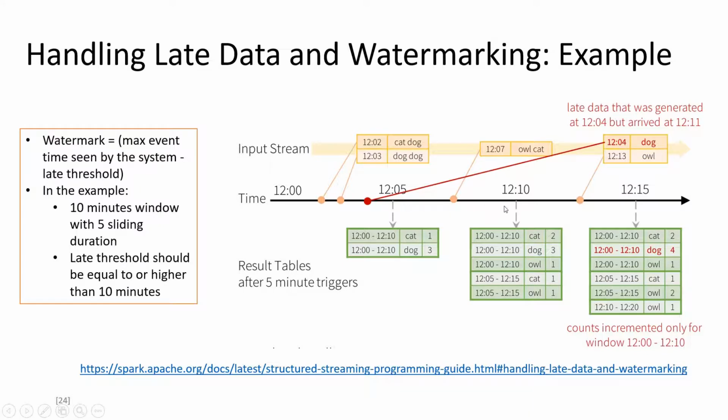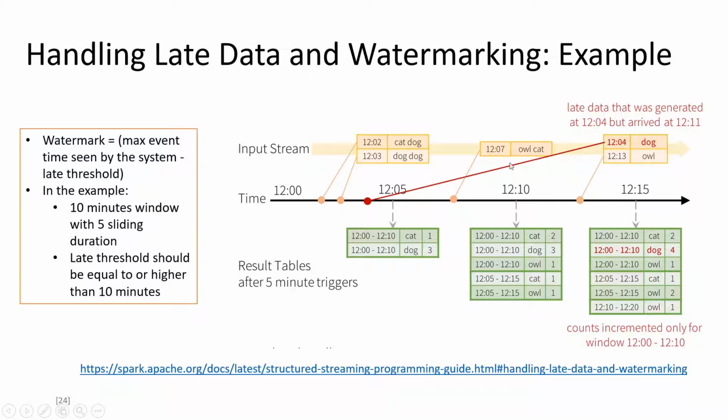For this window, Spark needs to consider all 3 records. So the number of dog was 3, owl 1, cat 2, this one and this one. For the 5 past 12 to 15 past 12 window, we only have cat and owl. So cat 1, owl 1.